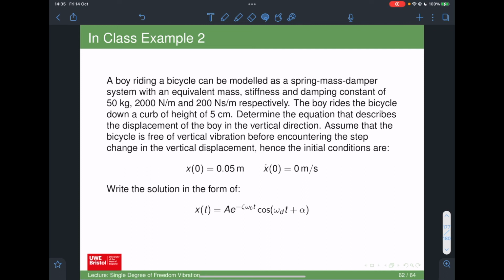The boy or lady rides the bicycle down a curve of 5 centimeters. Determine the equation that describes the displacement of the boy in the vertical direction. Assume that the bicycle is free of vertical direction before encountering the step, changing vertical displacement. Hence, the initial conditions are 0.05 and 0. I want you to write the solution in this format.